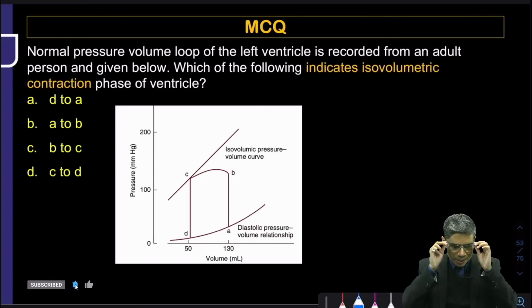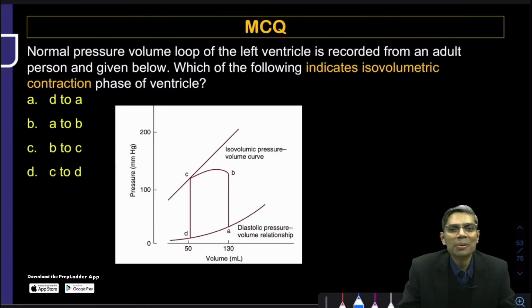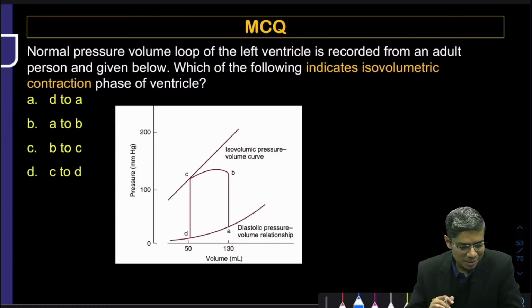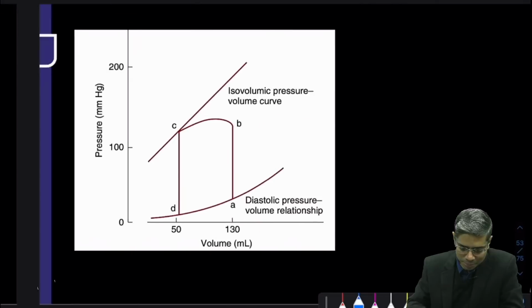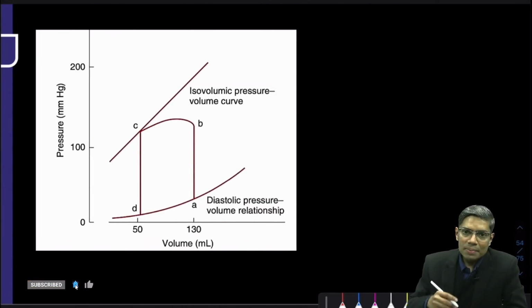Next MCQ here. Same question, PV loop. Whenever a question comes about the PV loop, you have to understand which phase indicates what. So, this PV loop from D to A, percussion versus tidal wave is a little different.